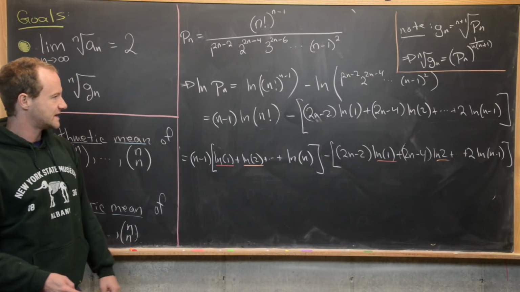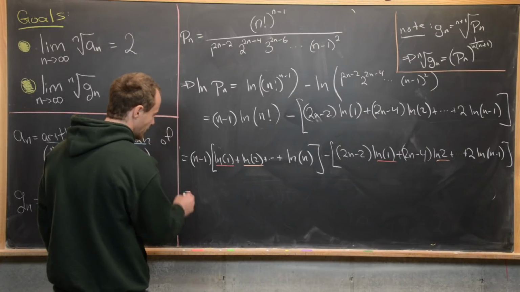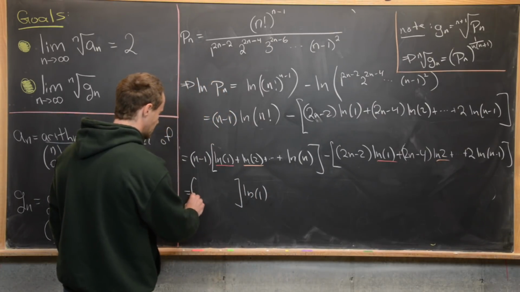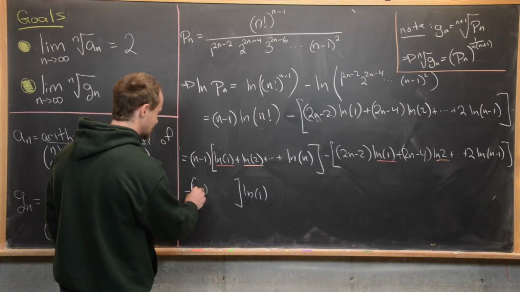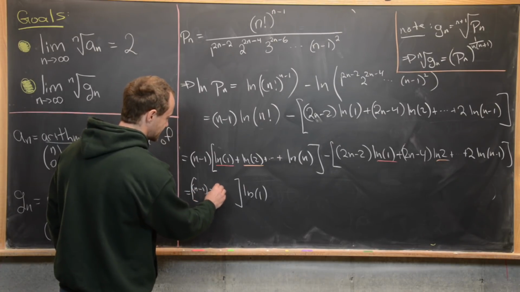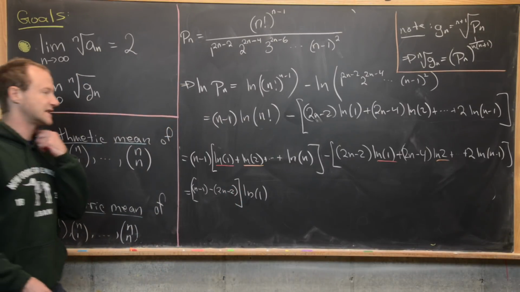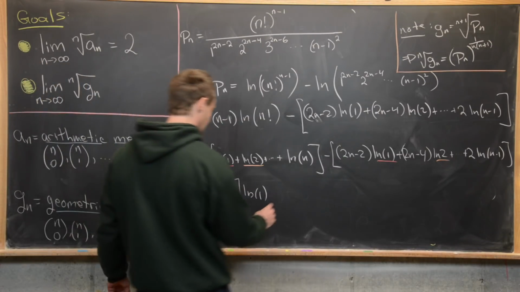Okay, so let's go ahead and see what we get here. So what do we have in front of the natural log of 1? In front of the natural log of 1, we're going to have n minus 1 minus 2n minus 2. So we'll leave it like that for now, but we'll probably simplify that in the next step.